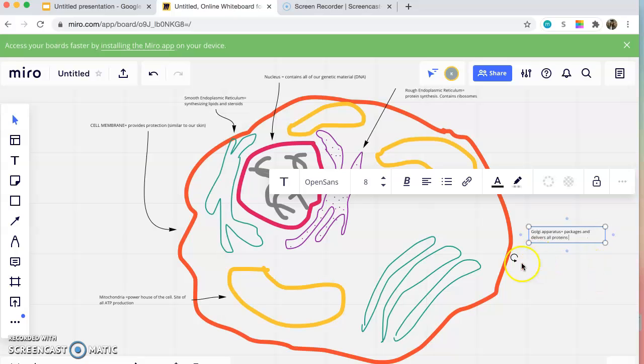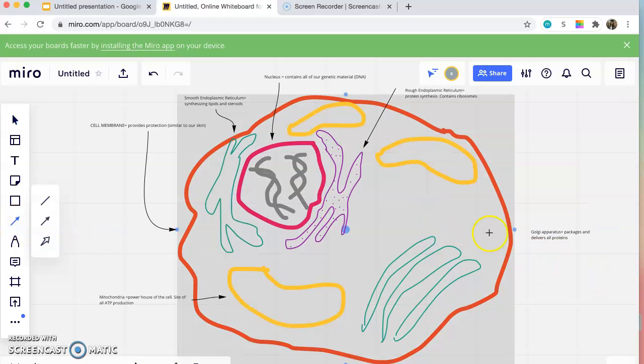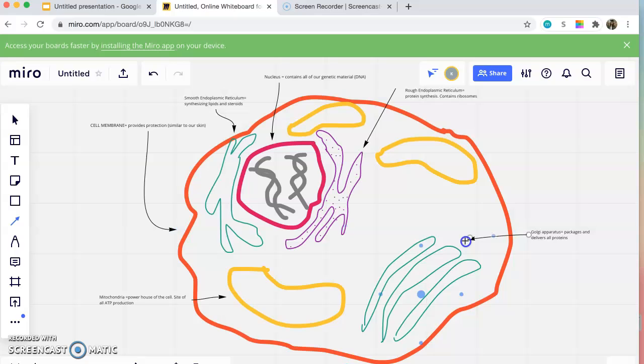I usually like to think about the Golgi apparatus like the post office. Men and women at the post office package everything in boxes. They send them out to where they need to go. Very similar to how the Golgi apparatus functions. Things enter the Golgi apparatus, and within here they package them, make them into protein chains, and then send them off on their way, just as the post office would.